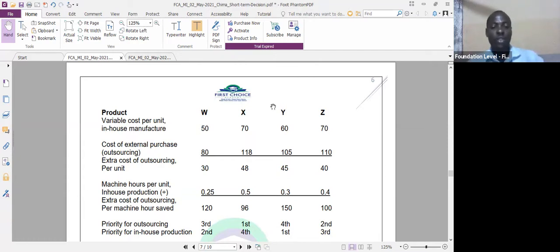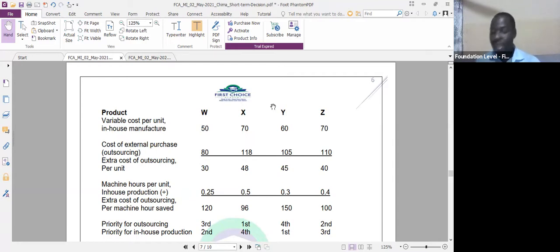Now, the next thing to do is look for the difference between the external costs and your own internal variable cost. It means for W, which is what I'm going to use as an example, you have extra costs of 30 naira if you are to give this out, since 80 minus 50 is 30.